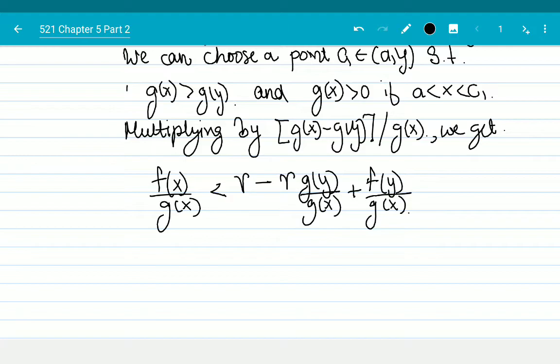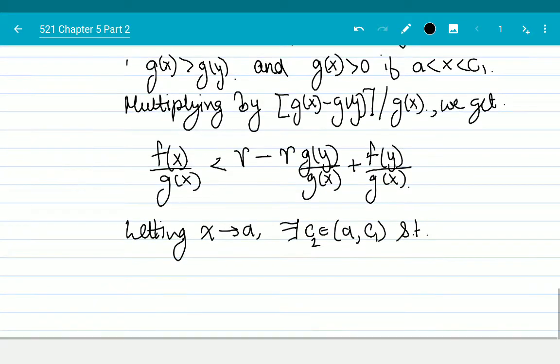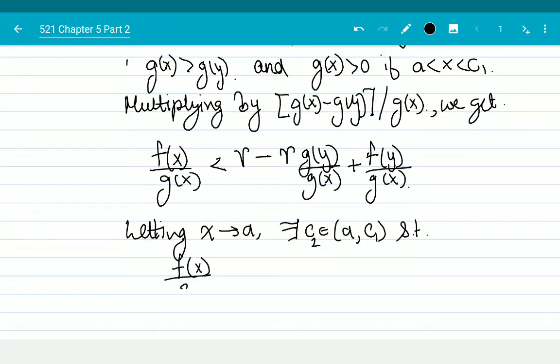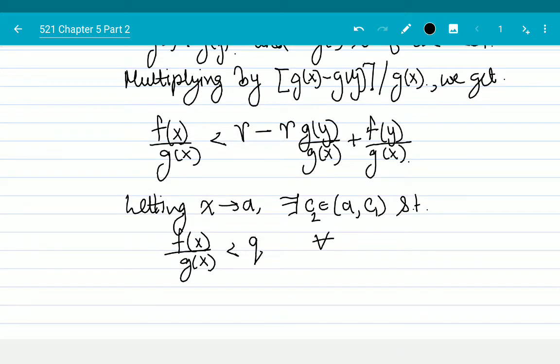Great. Letting x approach a, there exists again c2 belonging to (a, c1) now, such that f of x over g of x is smaller than q for every x with a smaller than x smaller than c2. Okay.